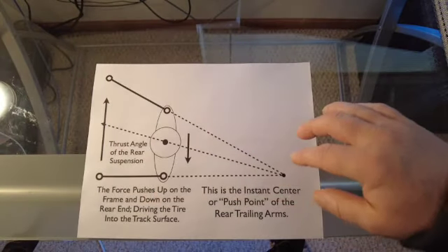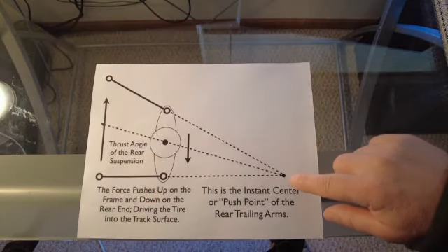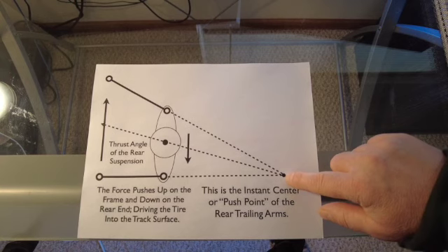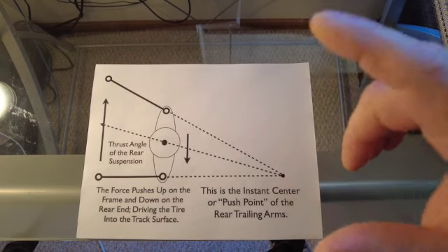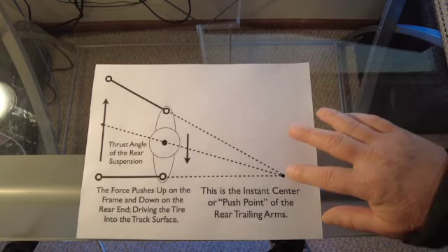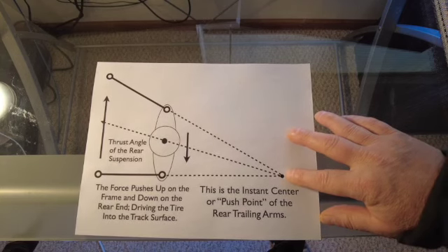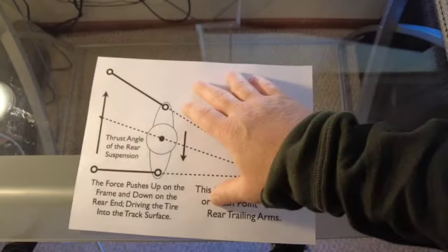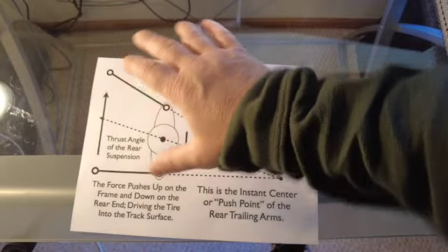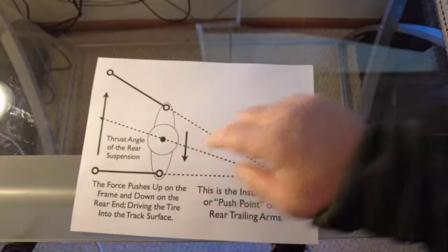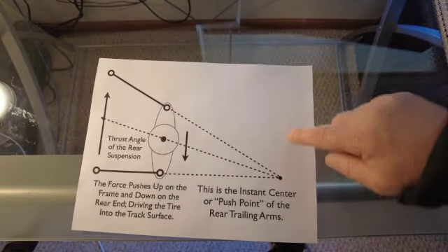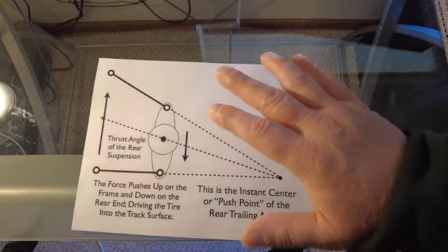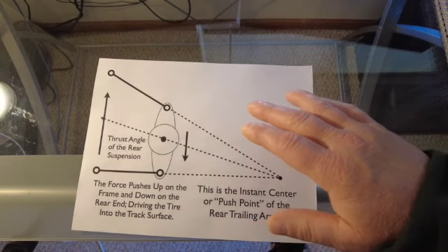You extend your rear trailing arms through and you'll get a push point. Well, Rocket is guessing that push point should be in the same spot. When they give you rod change things to help your car, they know where that spot is going to end up and how it's going to affect that car.